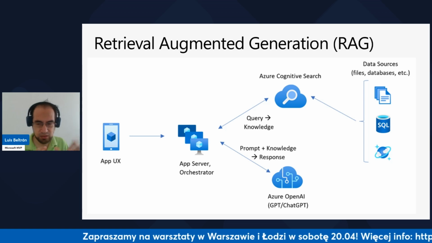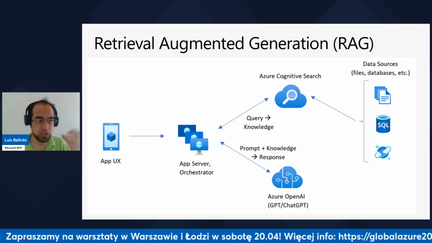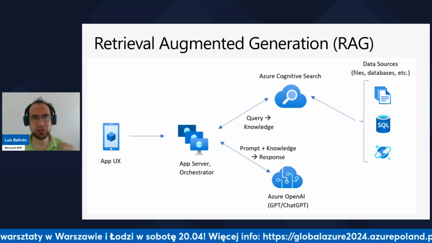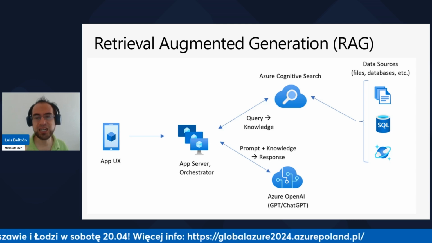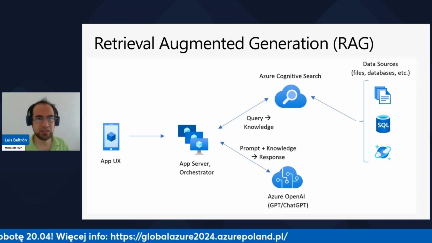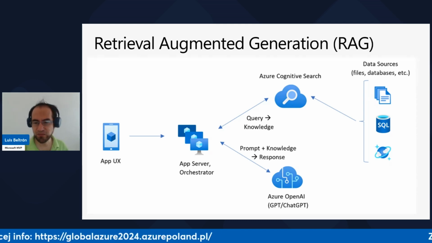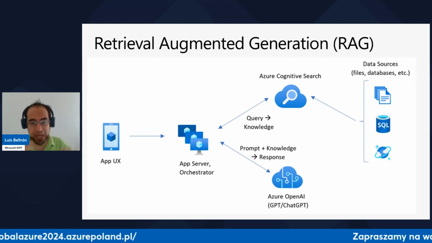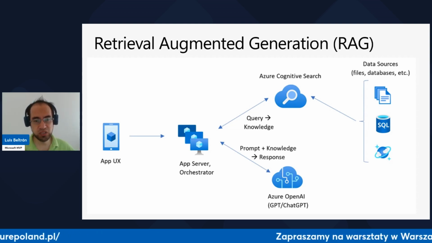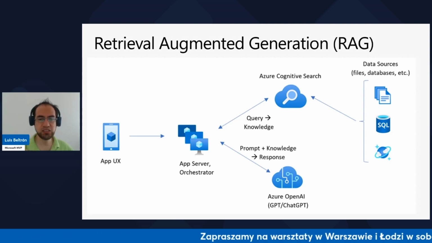Because the GPT model is really smart at extracting these entities, relevant content and intent, it will pass those terms to a search index.